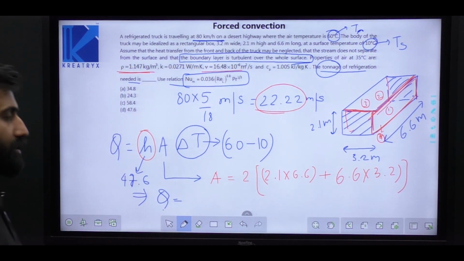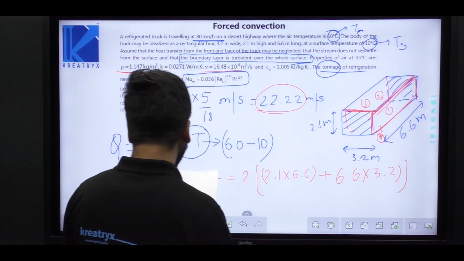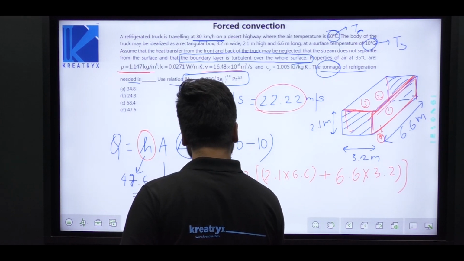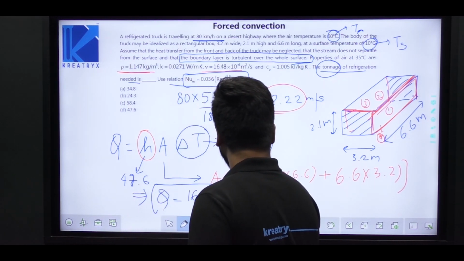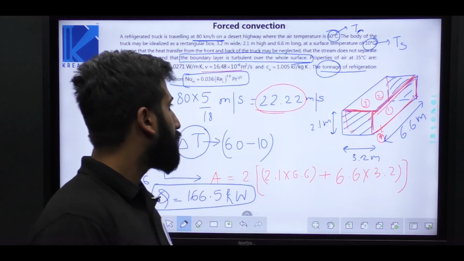The heat lost to the surrounding will be 166.5 kilowatt. Okay. And this is the heat which is required by the refrigerator.